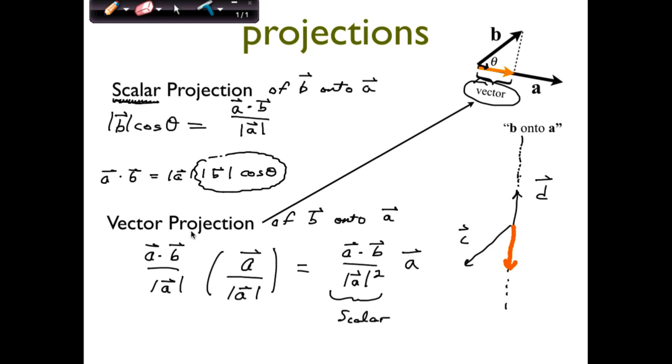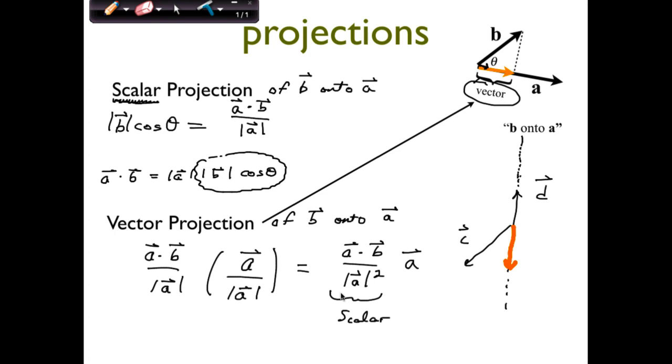Okay. Question in the back. So with vector projection, you multiply the scalar by the unit vector, like the direction, so it gives you vectors.